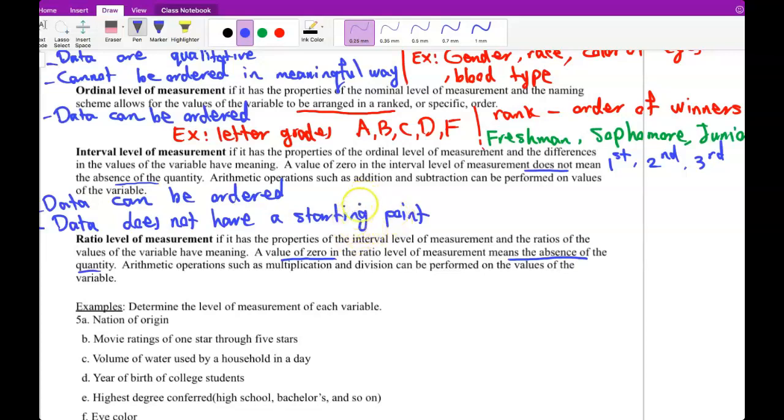What that means, I can have 0. So it doesn't have a starting point.